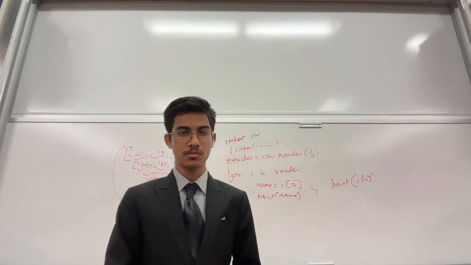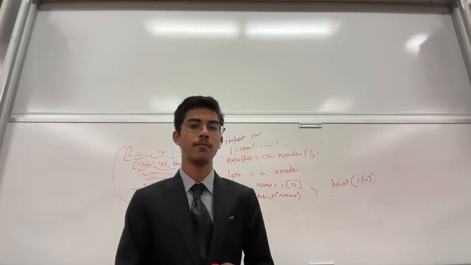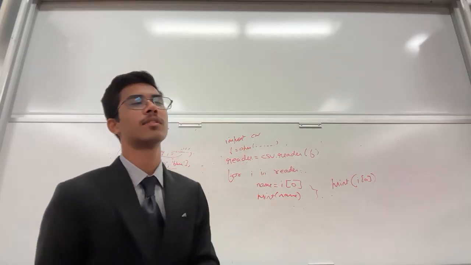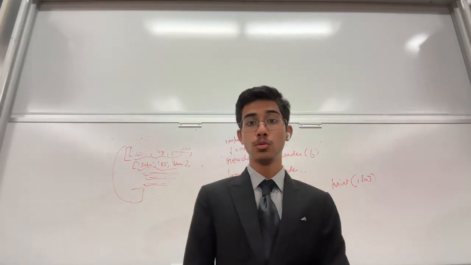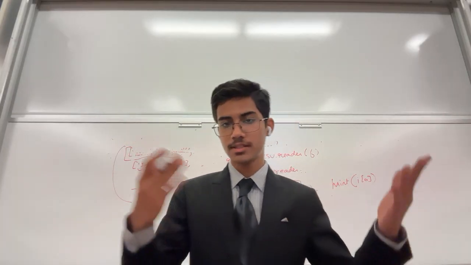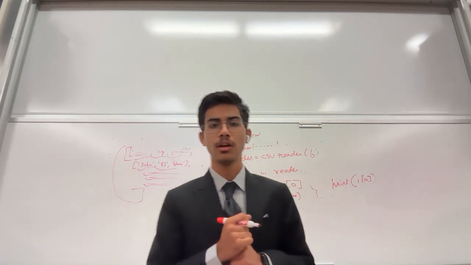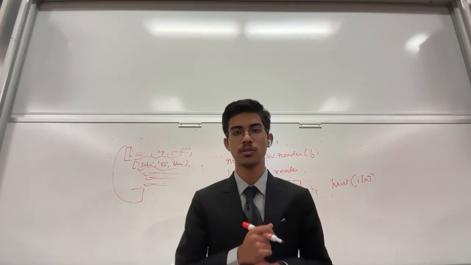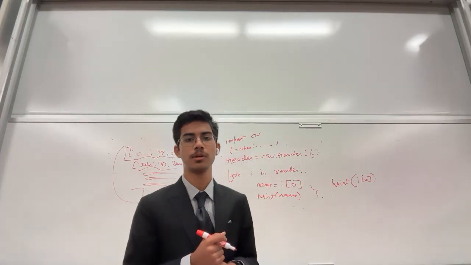Okay, now let me ask you, if I wanted to check if I have the color blue, or let's count the number of people who put their favorite color as blue, how would I do that? Think about it for a second and then pause this video, think about it and try it.